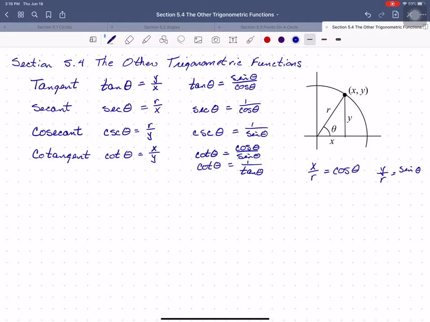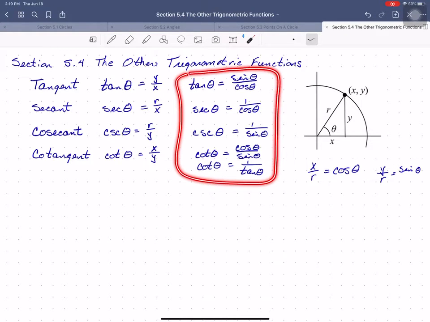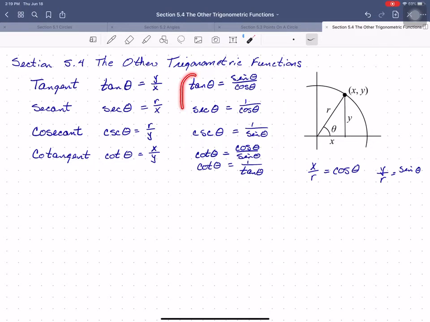Okay, these are identities. These four functions give us a relationship between different trigonometric functions. They relate tangent, secant, cosecant, and cotangent to sine and cosine and to one another.